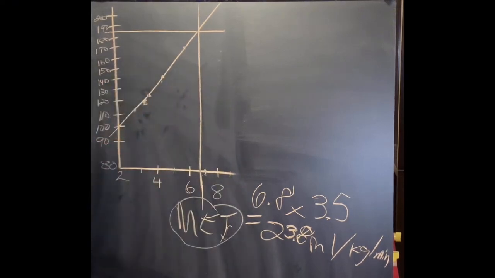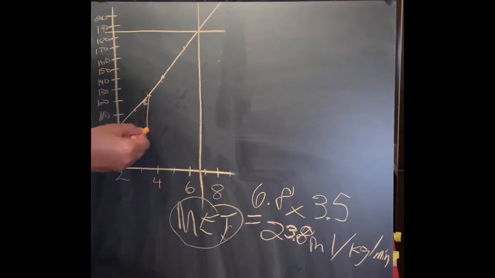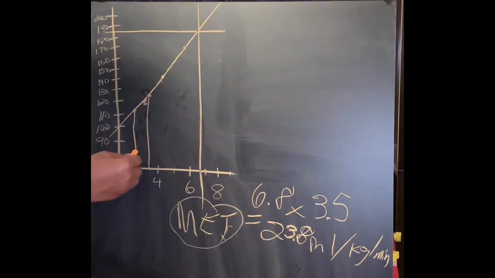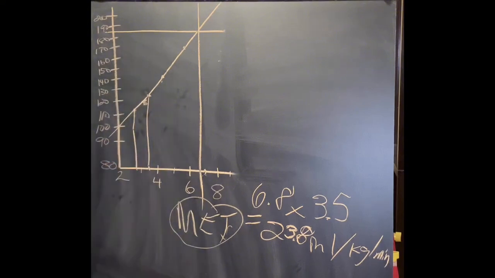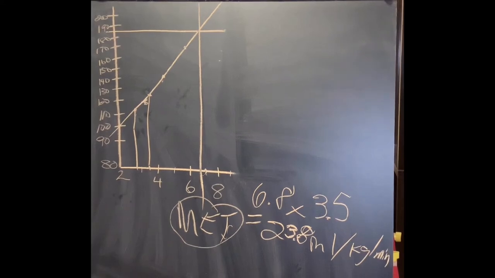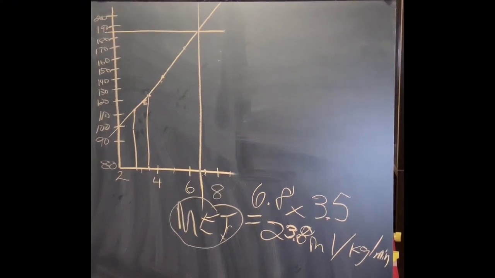Right there, okay. And then I just draw a line down from the 3.6 and the 2.74.